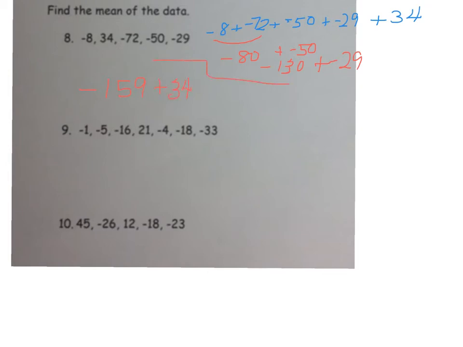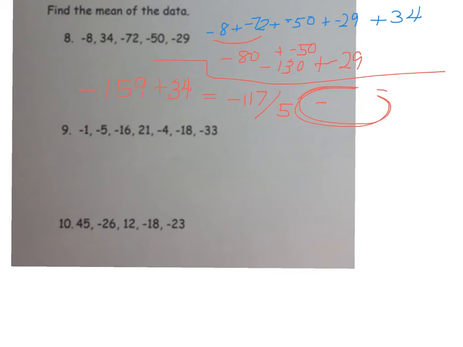I'm adding two numbers with different signs, so I'm going to subtract and take the sign of the bigger. I'm going to divide by how many there are. And when I do that division, I get negative 23.4. So I want you to go back to the data and see if negative 23.4 makes sense for a mean.